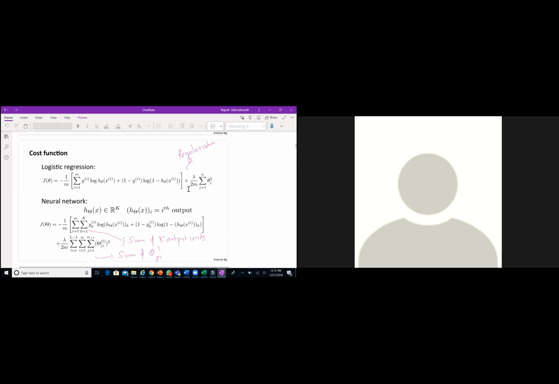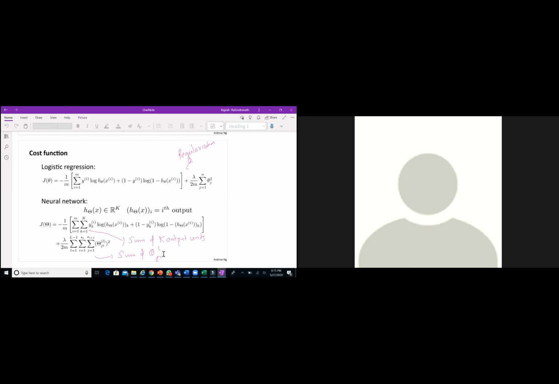And then the second factor, which is the regularization parameter, has to account for all the theta, because earlier, for one input unit, there was only one output weightage. Here, one input unit can have multiple weightages, each one for the next output unit.